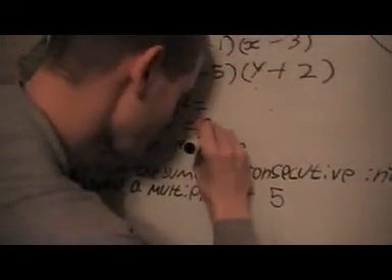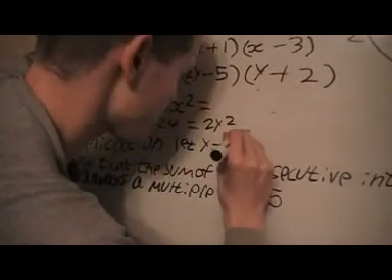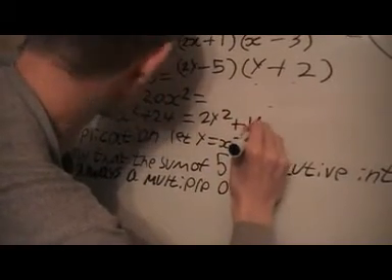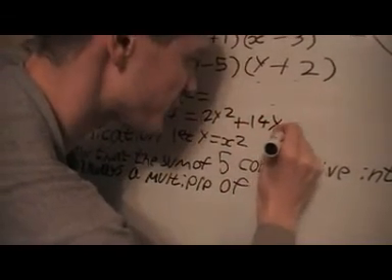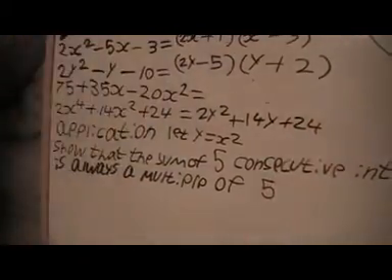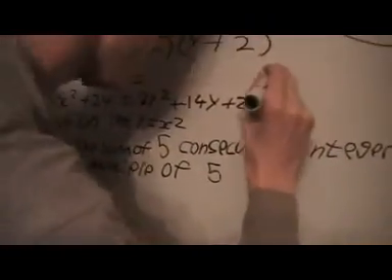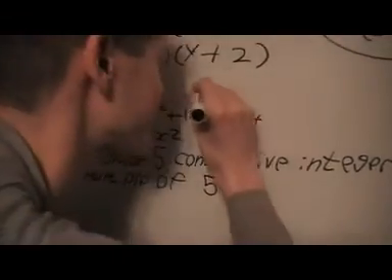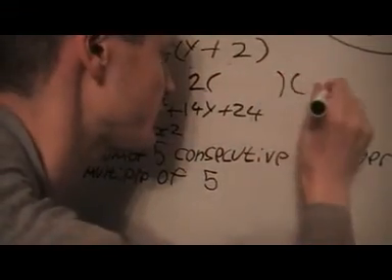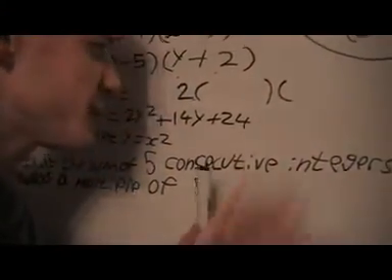So if we let y equal x squared, then I've got this expression 2y squared plus 14y plus 24. And then we can factorise this. First of all, we'll take 2 out as a factor actually. And this will be a lot easier.